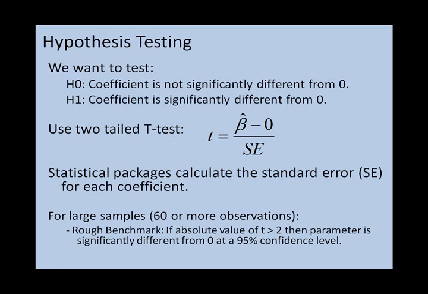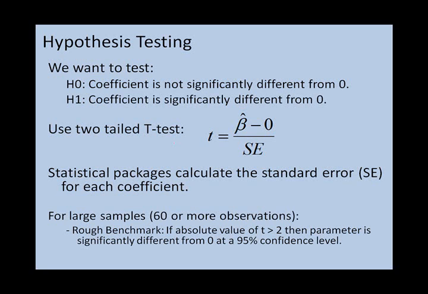We want to test a hypothesis. Our null hypothesis, H0, is that the coefficient is not significantly different from 0. The alternative hypothesis is that the coefficient is significantly different from 0. To test this hypothesis, we have to use a two-tailed t-test. And what we do with the t-test is that we take our estimated parameter from our regression.